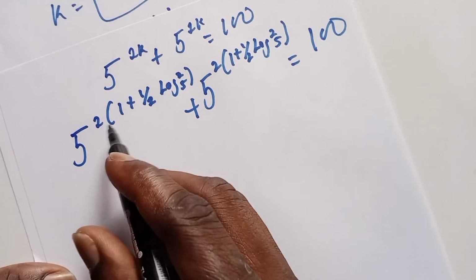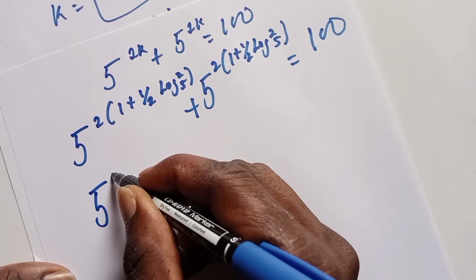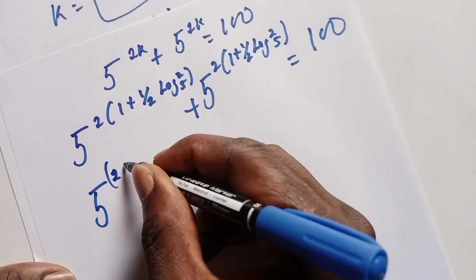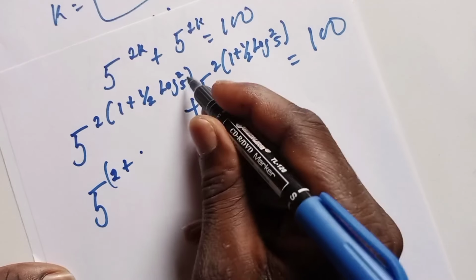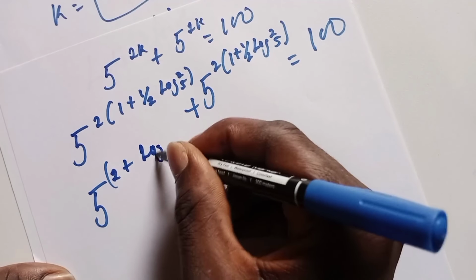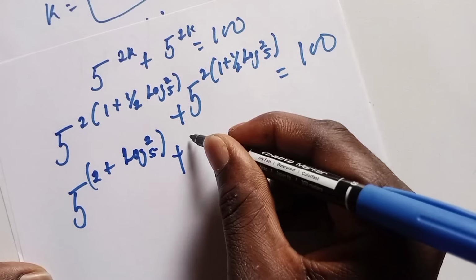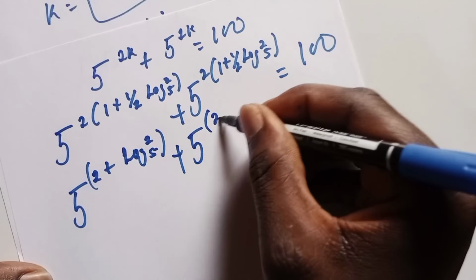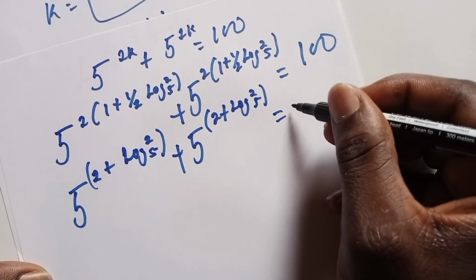If we expand this, we have 5 raised to power 2 plus log 2 base 5, plus the same thing here, 5 raised to power 2 plus log 2 base 5 is equal to 100.